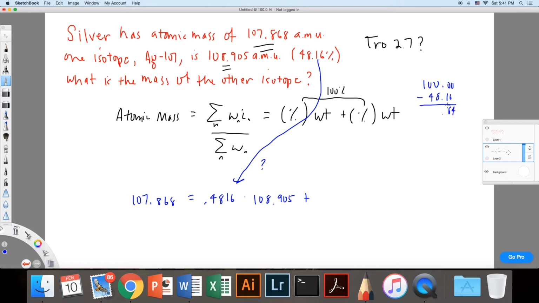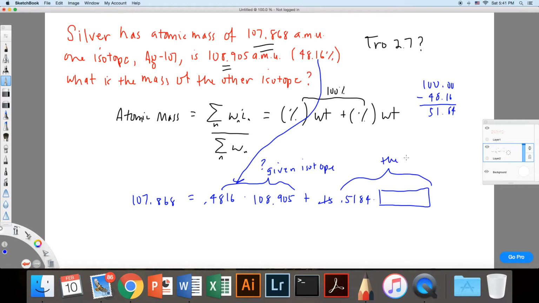So this goes to 51.84%, which is 0.5184, times the mass of the other. This is the given isotope. This is the one in question.